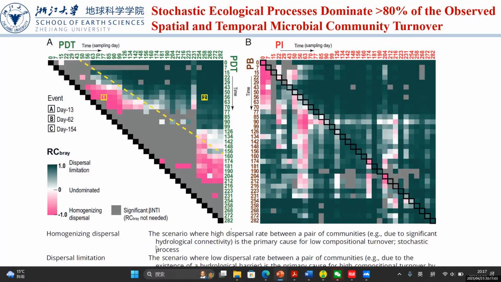They both indicate some stochastic process, and we can easily see the most part of these two heat maps are green and pink. So they draw this conclusion: stochastic ecological process dominate more than 80% of the observed spatial and temporal microbial community turnover.